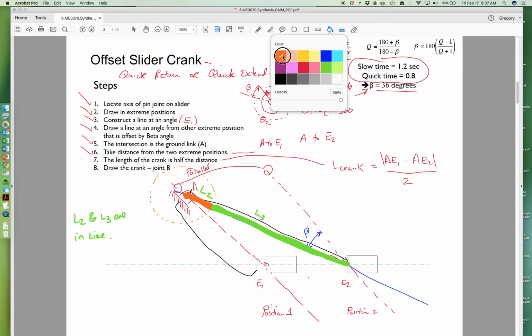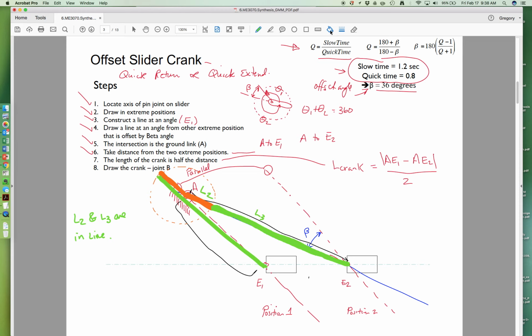Now, the second aspect here is going to be when link 2 is in this position, and link 2 is along the line of this construction line, the red line, and I'm going to draw it next to it, and then link 3 comes next to it and connects down here to E1. So in this case, I've got my joint here, a joint here, and then one joint here and one joint here.